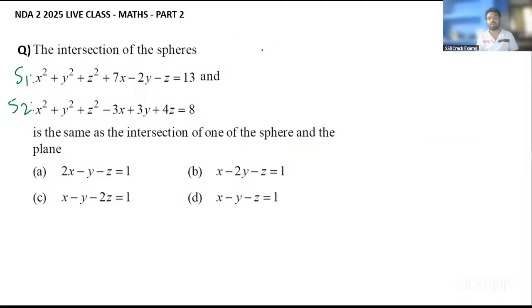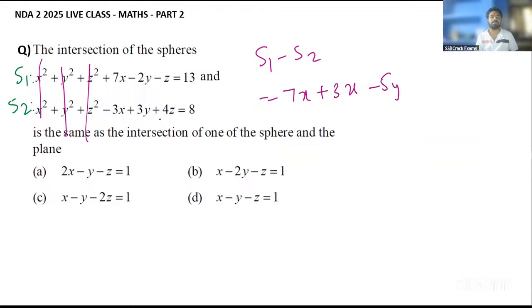If I am subtracting S1 from S2, then what will I get? X square and x square will cancel out, y square and y square will cancel out, z square and z square will cancel out. 7x minus minus 3x, it is 7x plus 3x. Then y minus 2y minus 3y, it is minus 5y.